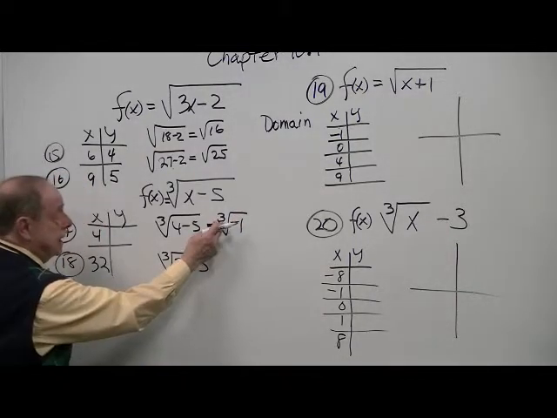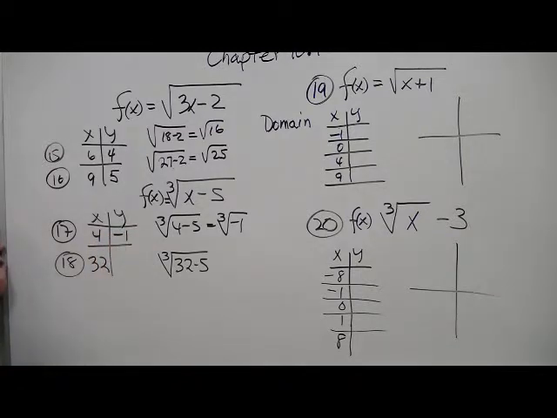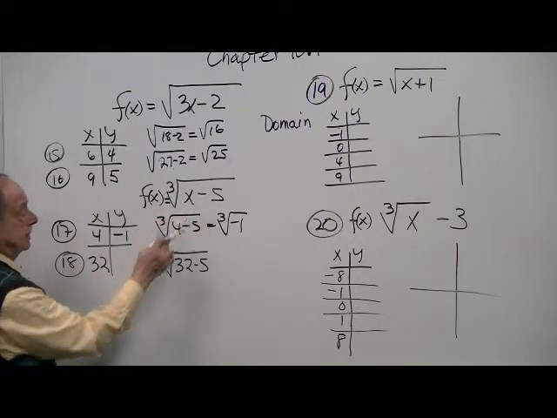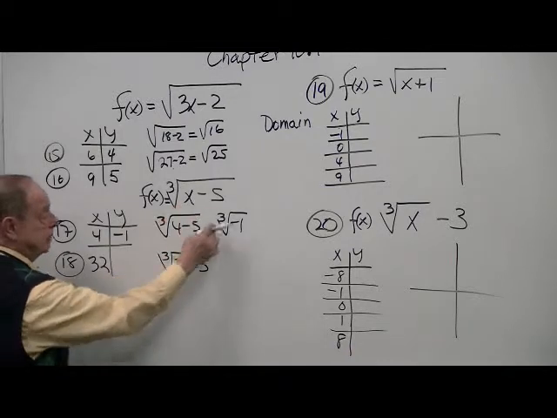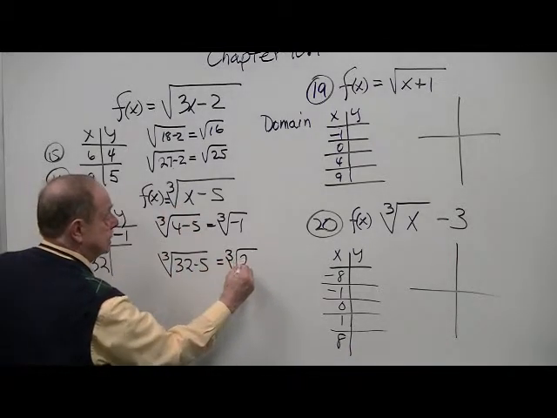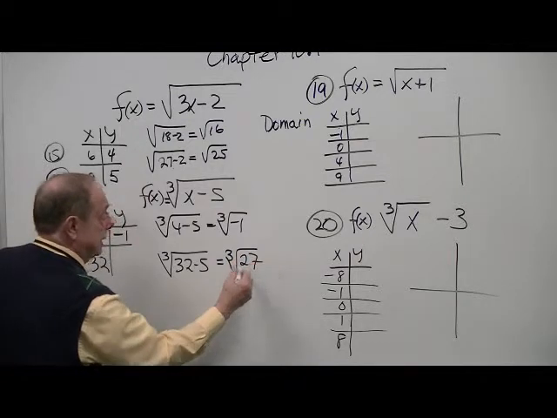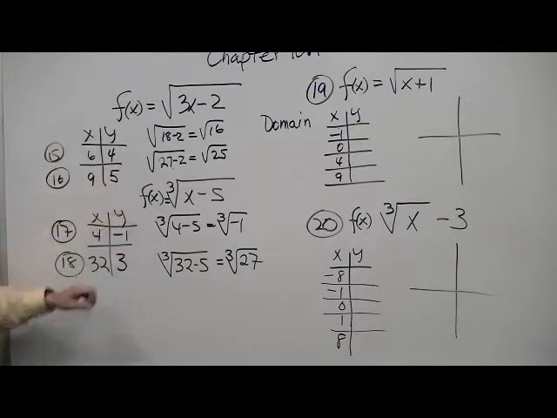That's okay, it's an odd number, and that is a negative 1. Then you put a 32 in where the x is. 32 minus 5 is the cube root of 27. And cube root of 27 is 3. So there's 17 and 18, and that's how you would work it out.